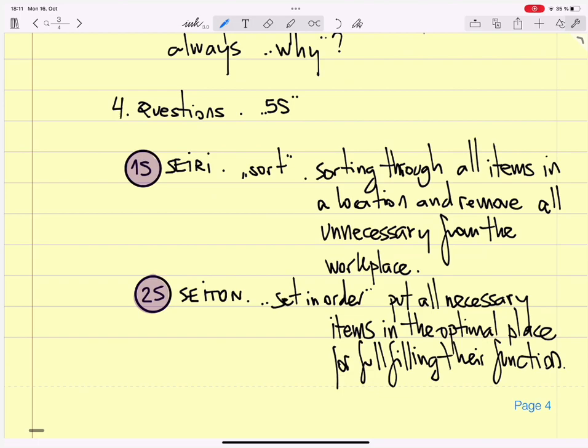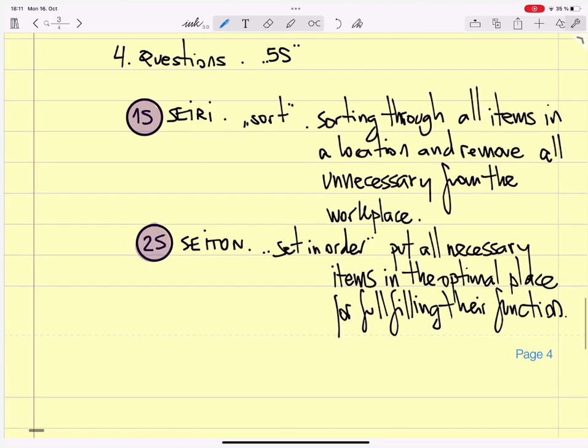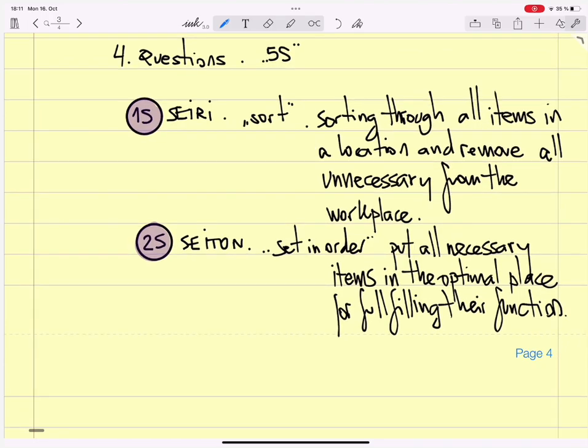So now you need to think, okay, I need the knife here, I need the spoons here, I need the pans here, I need the salt here, so everything in the optimal place so that you have everything outlined, okay? Can you picture it?